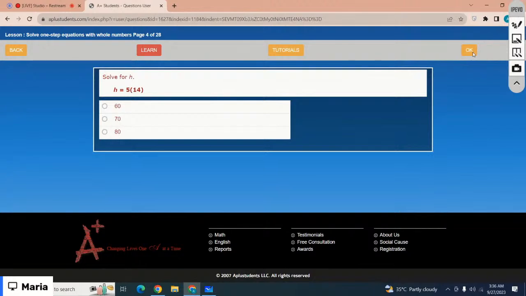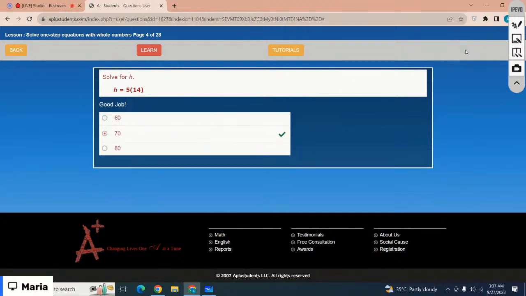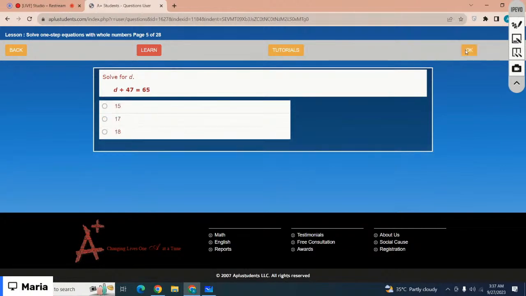H equals 5 times 14. So which is the correct option? 14 times 5 is 70. B plus 47 equals 65.